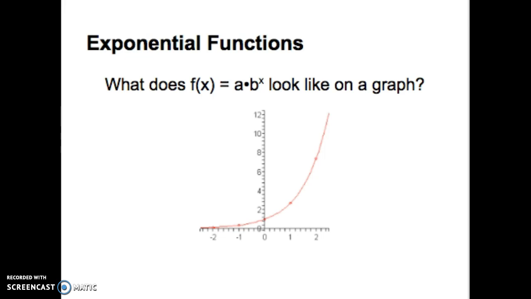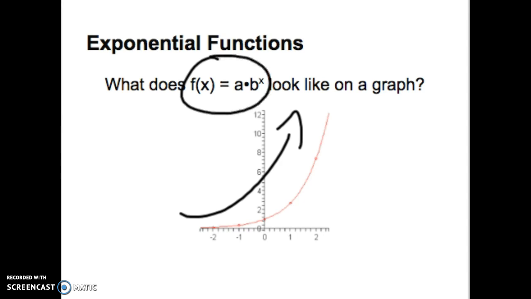An exponential function has a general J shape. As we can see here, this is a positive increasing function. It's going in a general trend like so, with a function equation, f of x equals a times b to the x power.